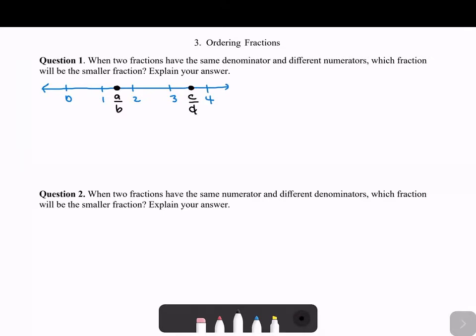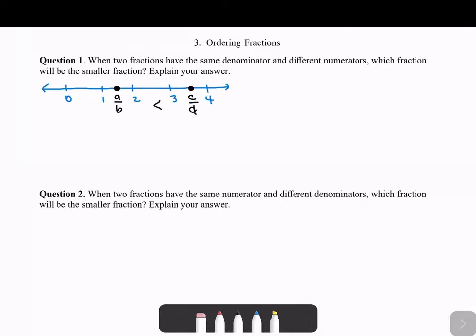Depending on where these fractions are on the number line, we can put an inequality between them and say that a over b is less than c over d because it's closer to 0 on the number line. So that's why we have this concept of order for a lot of different fractions.